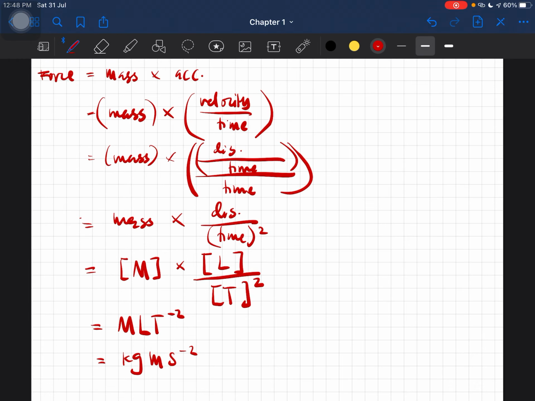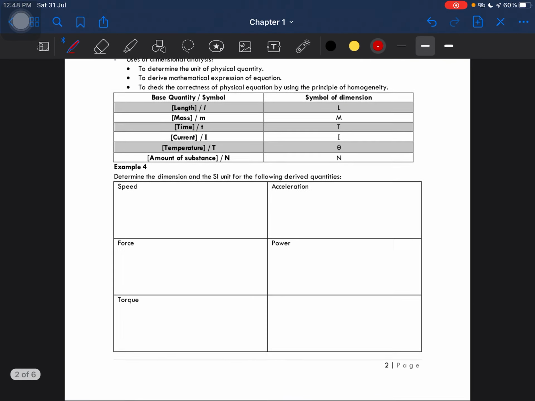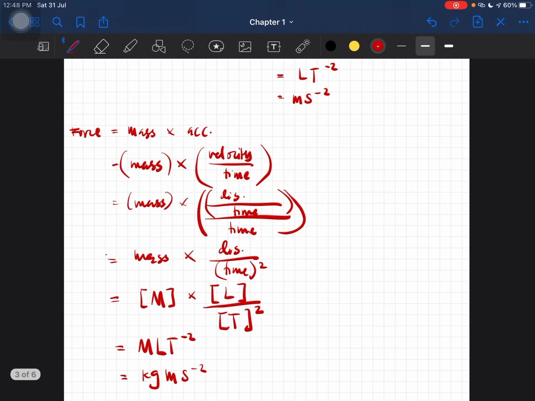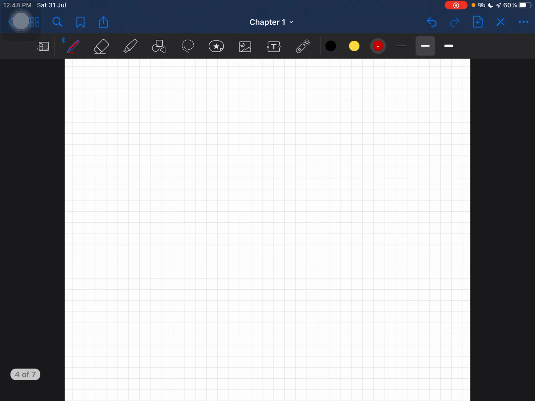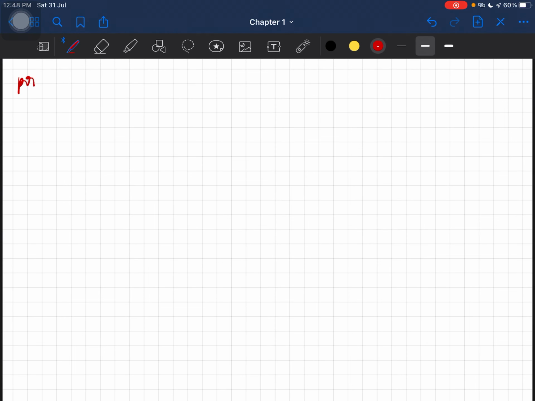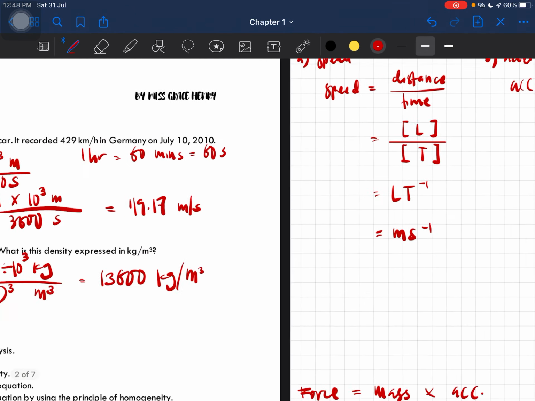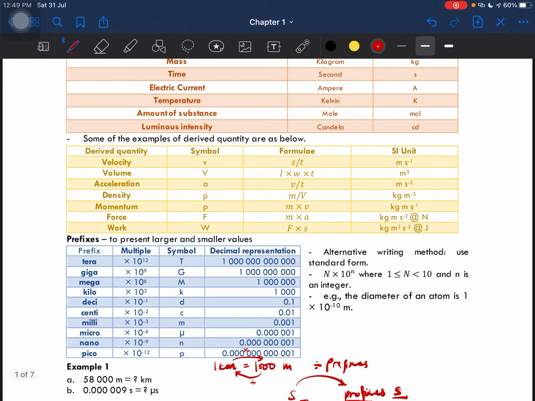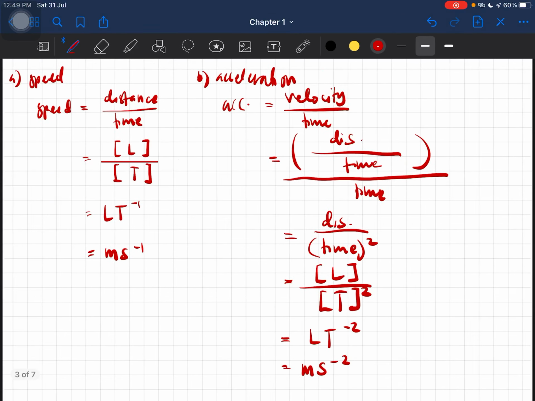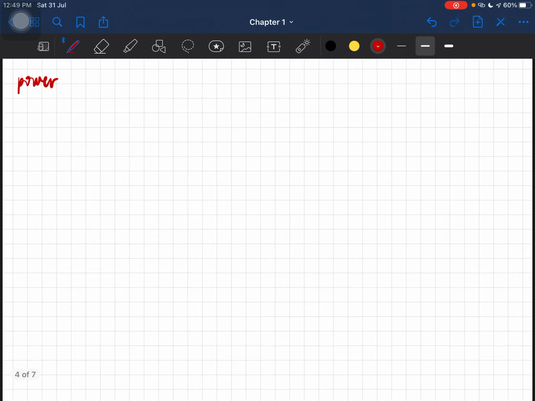Alright, so easy, right? Next one is power. So we have power. Refer again to the table if you don't know what is the formula. Oh, it's not given. Basically, the power formula is equal to work over time.